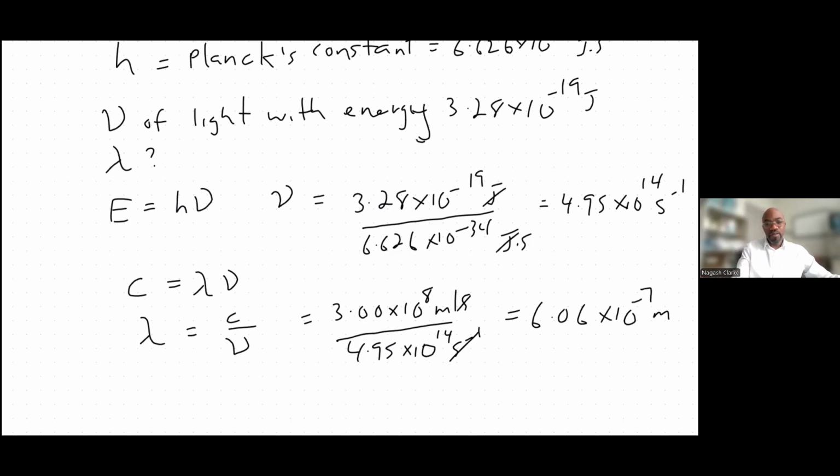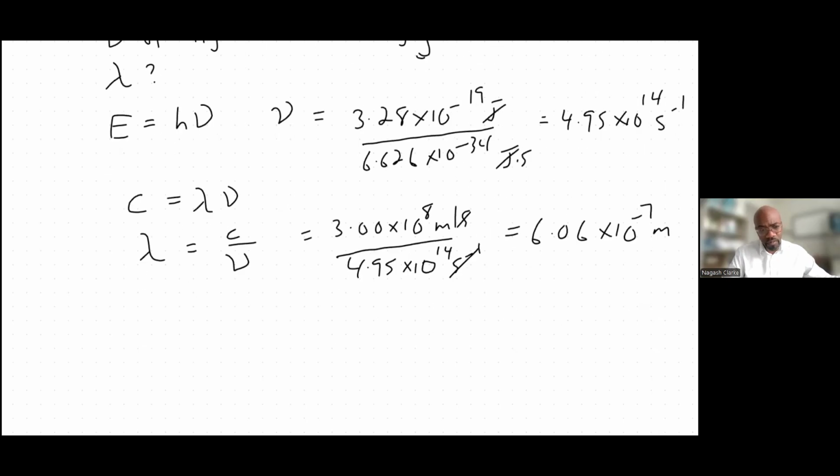Now a popular unit for wavelength is nanometers, because a lot of wavelengths are so tiny, we don't always feel like writing all this big number. So we can convert that to nanometers, 6.06 times 10 to the minus 7 meters. So 1 nanometer is equal to 1 times 10 to the minus 9 meters.